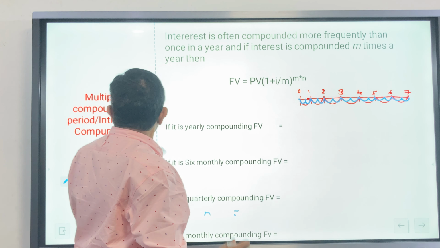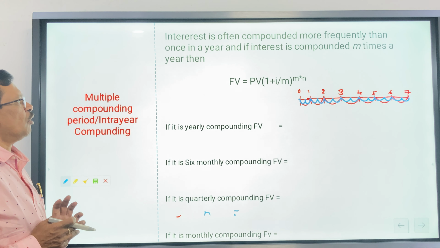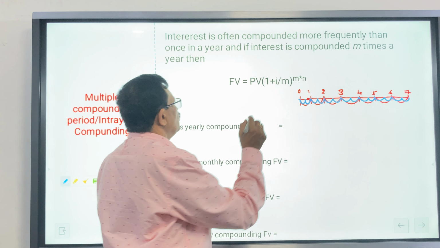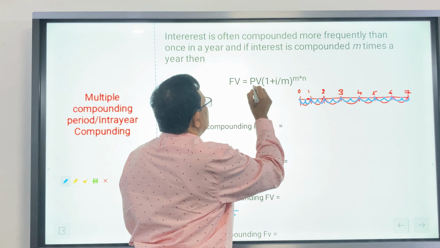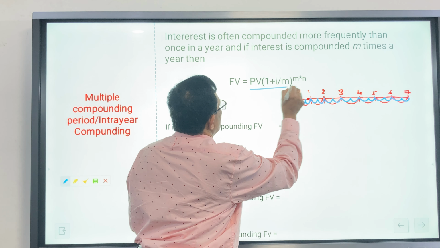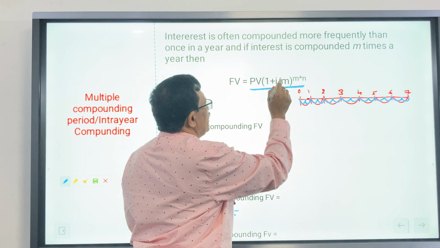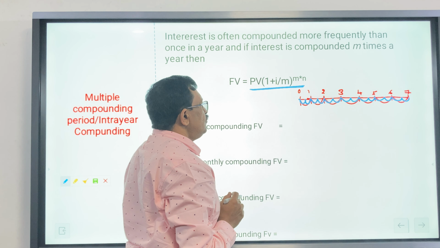So when a multiple compounding period or intra-year compounding problem is given, wherein you wanted to find out the future value, you are going to use this particular formula, which says that you are going to multiply the present value with (1 plus i divided by m) to the power of m into n.